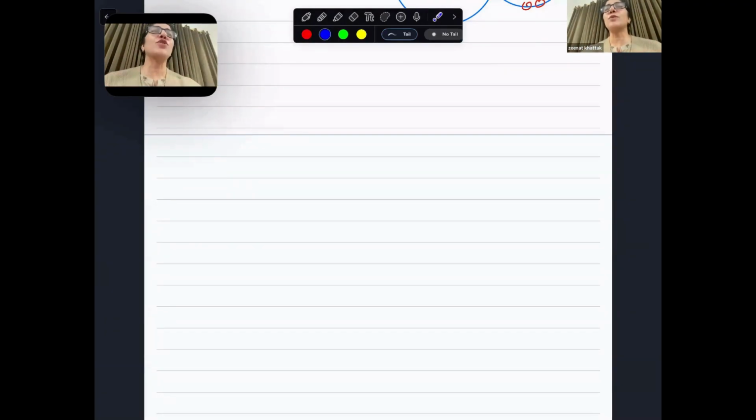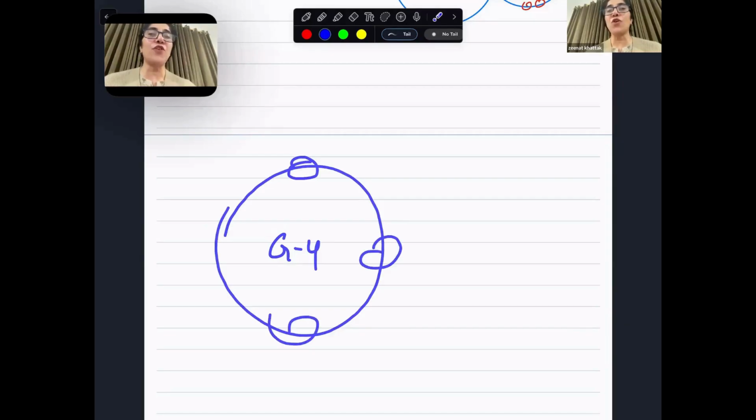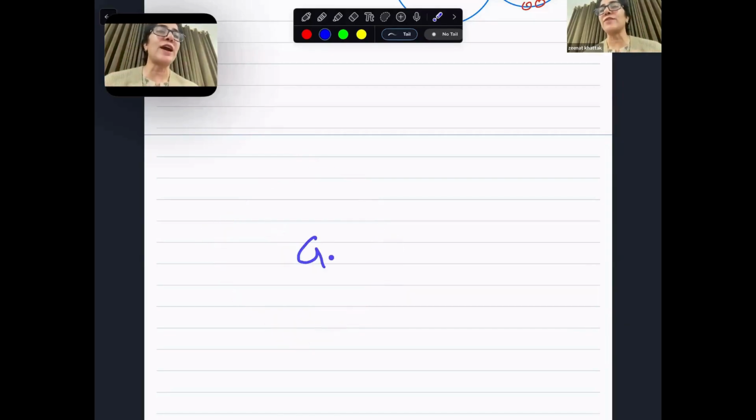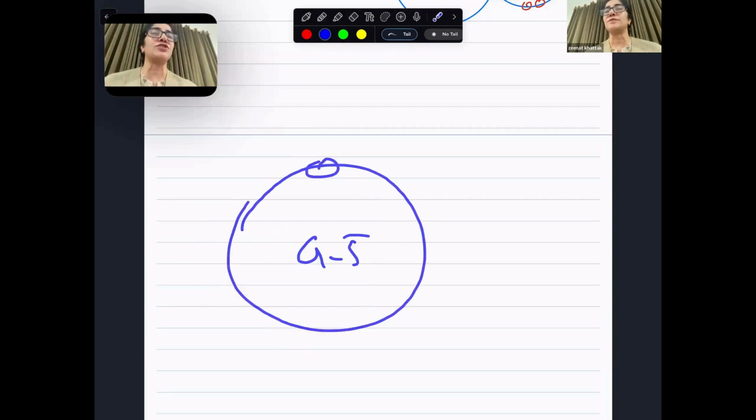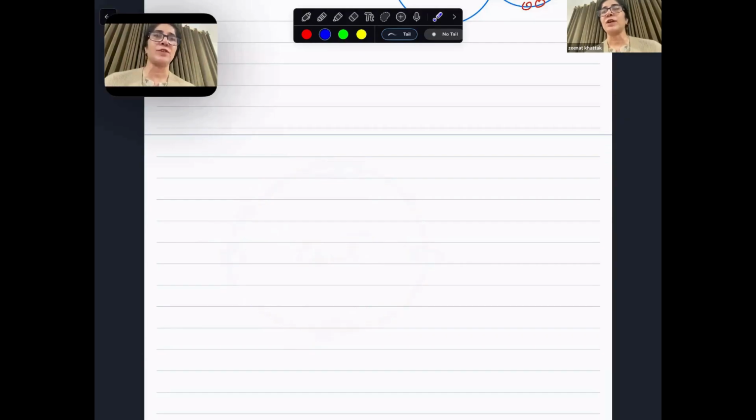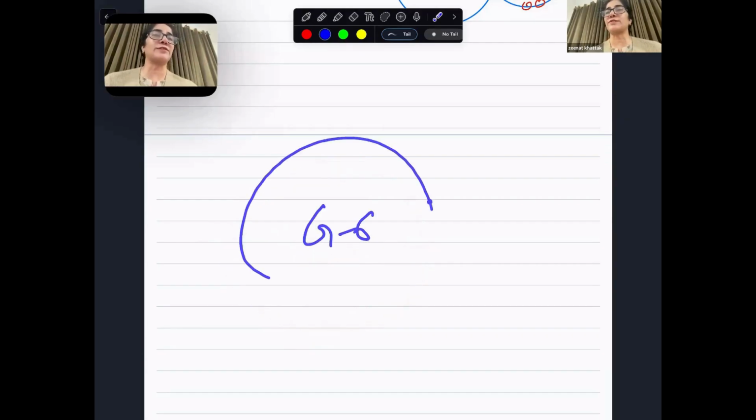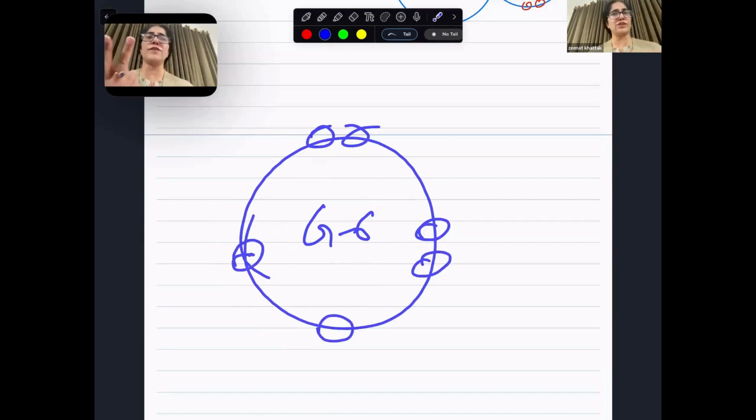Like the group 4 elements, they need 4, they will share 4. Group 5 needs 3, they will share 3. Group 6 needs 2, they will share 2.